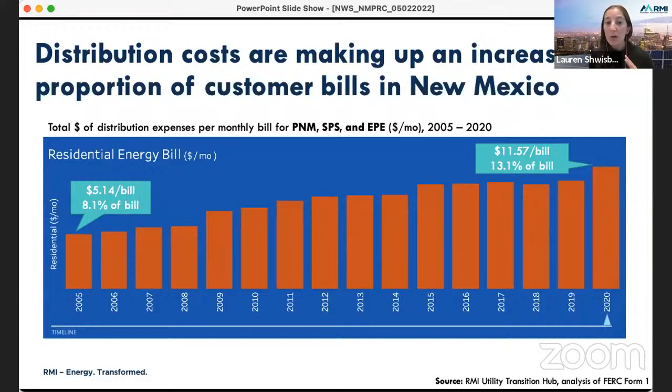Now they're up to about $11.50, 13% of the total costs. So distribution system costs are still growing here, and they really matter to households trying to pay their energy bill. So non-wire solutions really present a real opportunity to understand where we might use DERs to mitigate some of those increases that we're seeing.